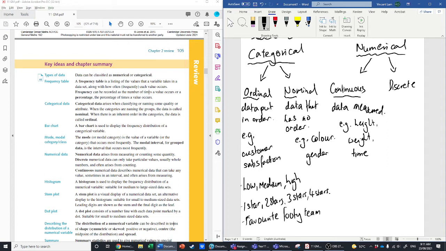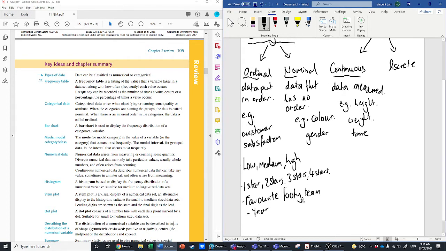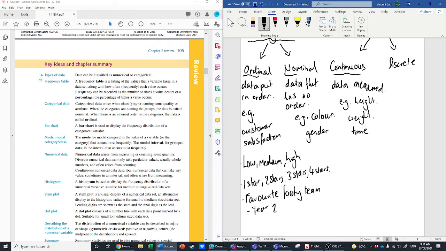Technically year can go here. When I'm talking about year, I'm talking about like the year 2021 or the year 2020. That's in order, and that's in a category as well. Then we move on to discrete. So that one is data that is counted.